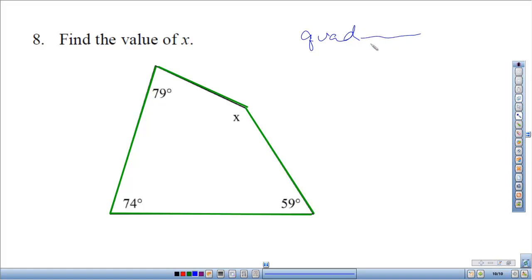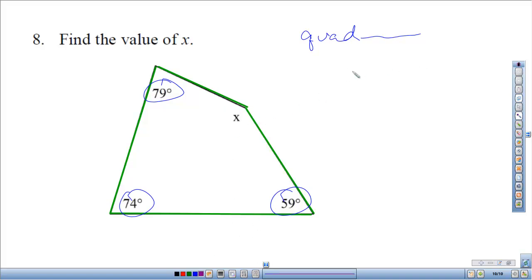It's a quadrilateral, and basically we just have to have memorized that all 4 angles in any quadrilateral add up to, you tell me, how much? 360 degrees. So if I already know 3 of them, and I do know 3 of them, I can add those up, take it away from 360, and whatever's left is my measure of this last angle.